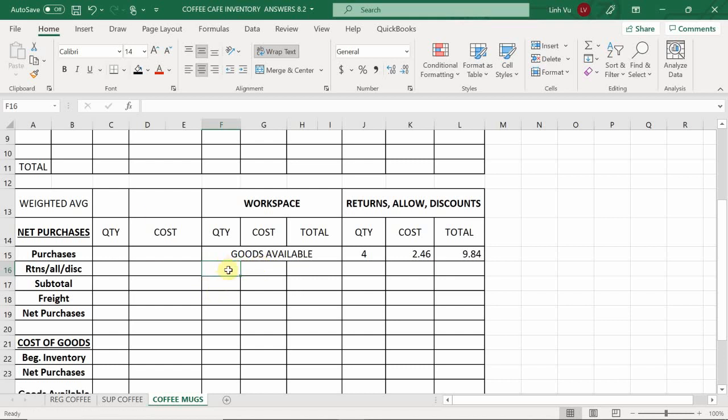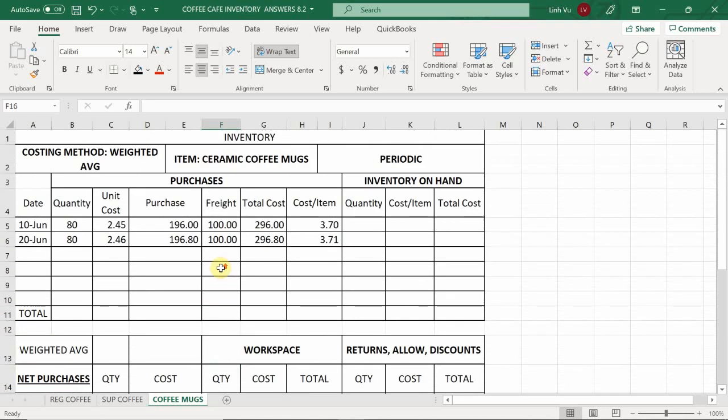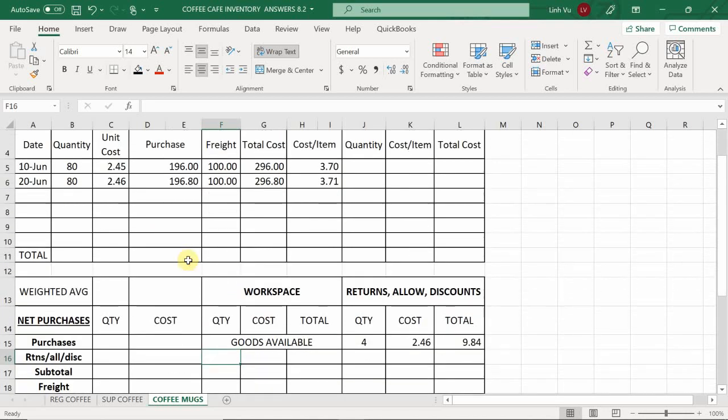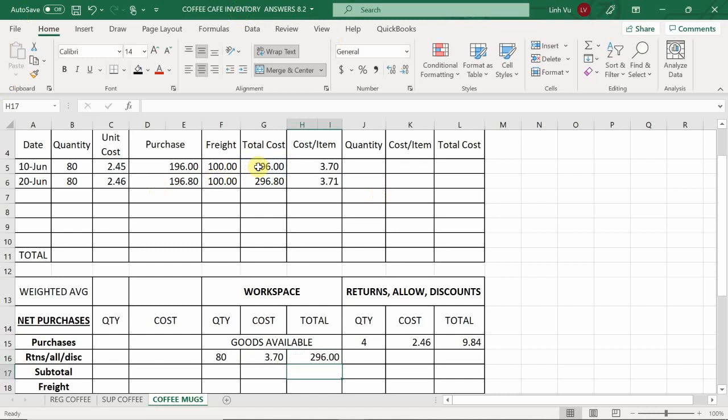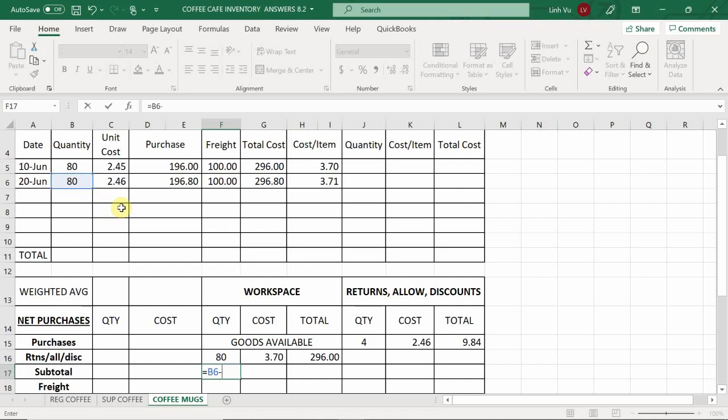Okay? In this case, my goods available, I still have my 80 cups because that was still there, which we know is this much, giving me a grand total of this much. But in this case, we have our second batch of inventory. We have 80, but we end up returning 4.